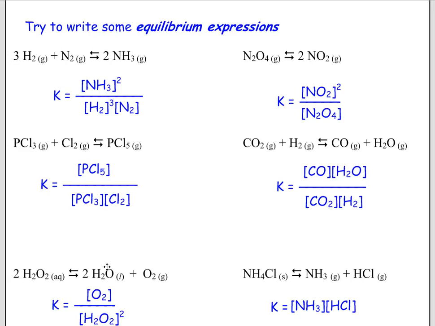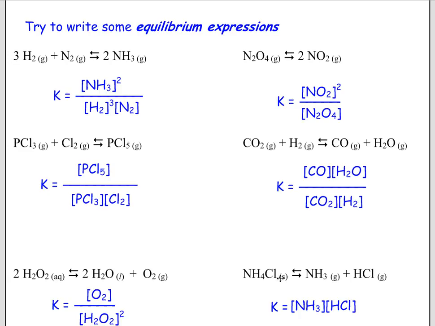Hydrogen peroxide, aqueous, so it's a solution, breaking down into liquid water and oxygen gas. The liquid water isn't part of the equilibrium expression, so we have O2 over hydrogen peroxide squared. And ammonium chloride breaking down into ammonia and hydrogen chloride.